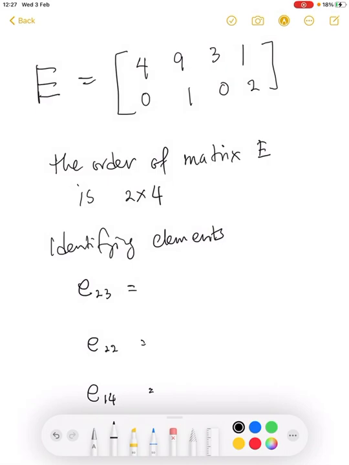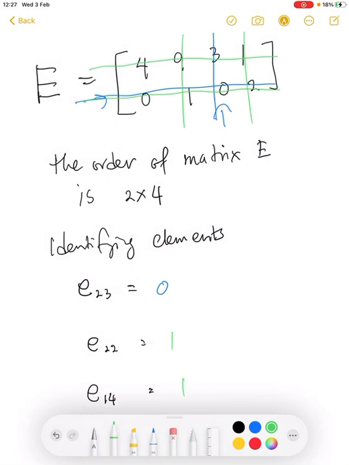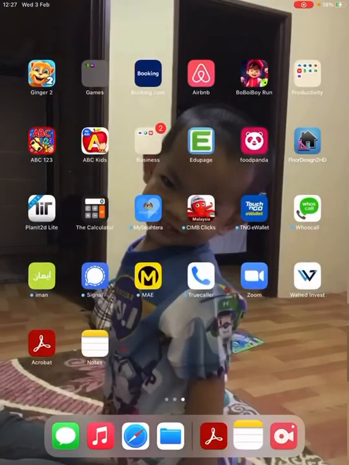So e2 3 is second row, third column, which is 0. Next, second row, second column, 1. First row, fourth column, 1. So that's how we identify the elements of a matrix. Next, move on.